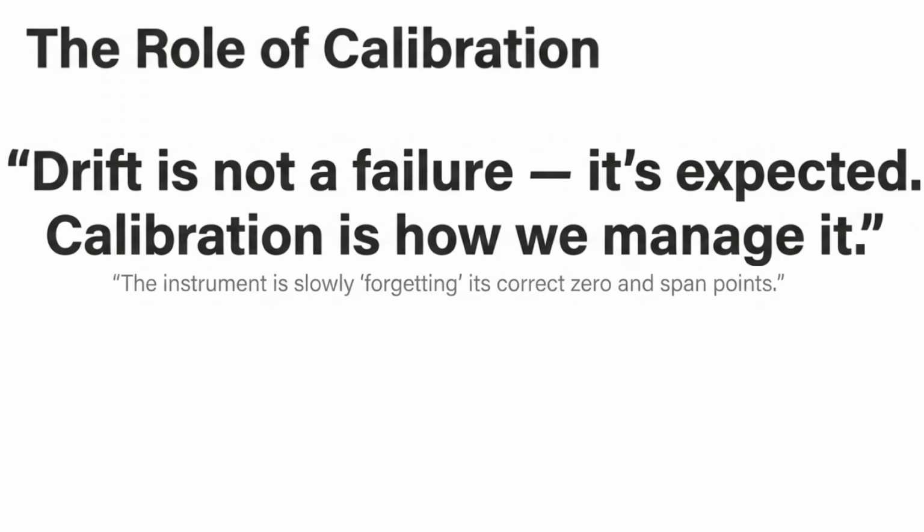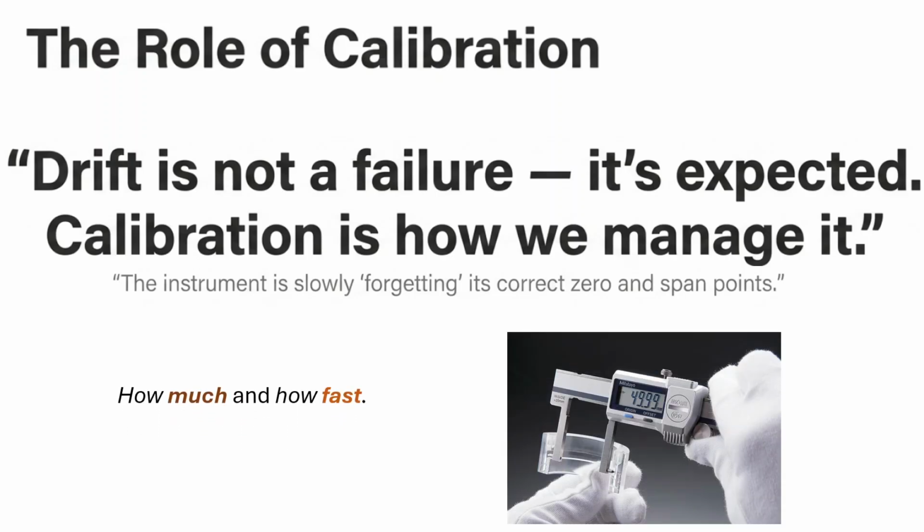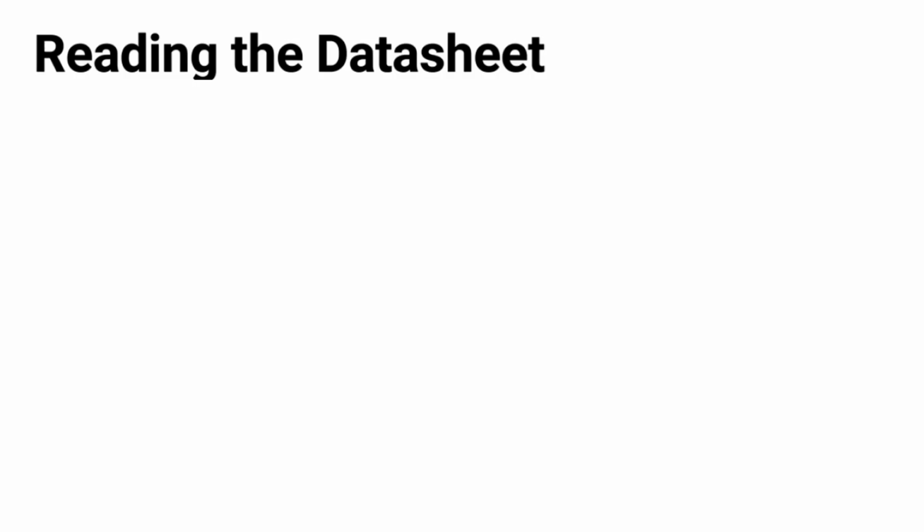The question isn't if, it's how much and how fast. When you go in to calibrate an instrument and you find it's 2% off, that's not a failure. That's the system working exactly as intended. You caught the drift. You corrected it. You sent it back out accurate.